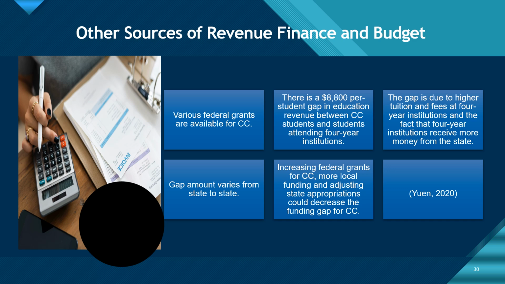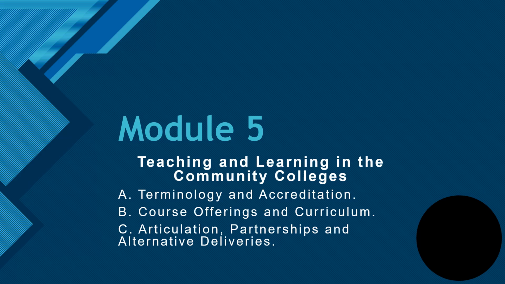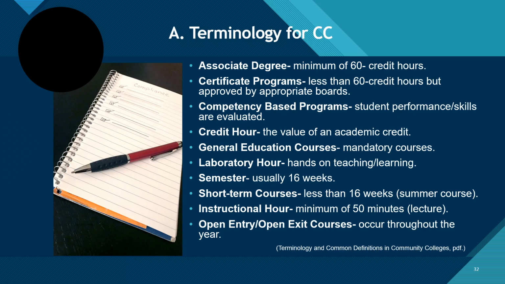This would decrease the $8,800 student gap that exists between community college students and four-year students. We could also adjust state appropriations, which would decrease the gap as well, leaving more money to be put towards students in community colleges.